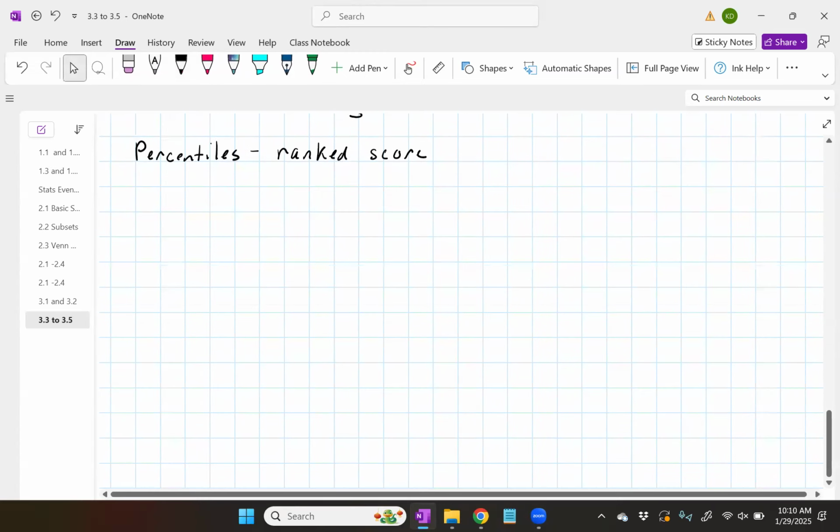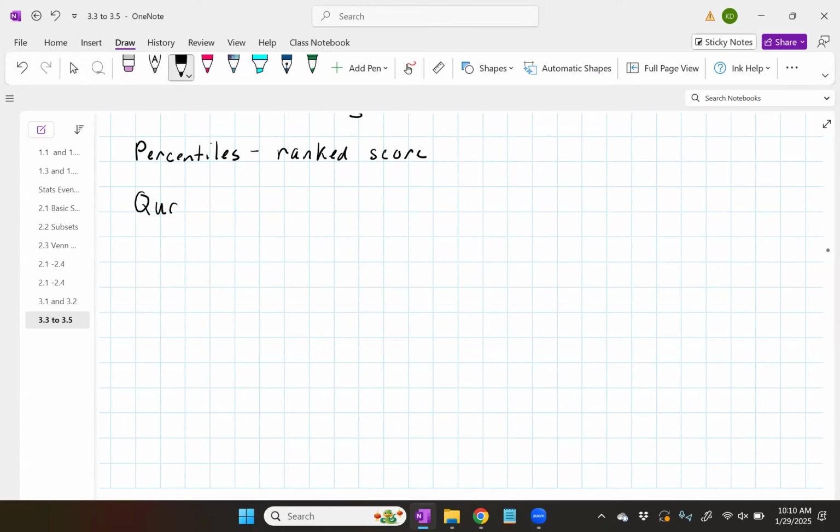The next thing we're doing is quartiles. And this will come back for next section too. For a quartile, we're splitting your data up into 4 data sets, or 4 little groups. And funnily enough, we report 5 numbers for our quartiles.